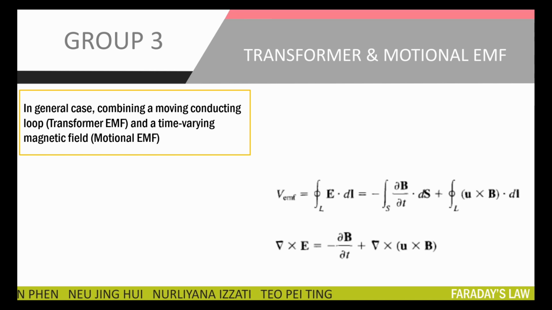The negative integral over S of ∂B/∂t dot dS comes from transformer EMF, while the integral over L of u cross B dot dl comes from motional EMF. The other formula is gathered from Stokes' theorem for both EMFs. The negative ∂B/∂t comes from transformer EMF and the other comes from motional EMF.